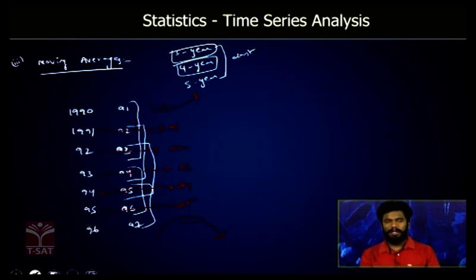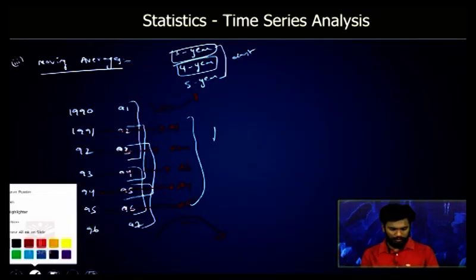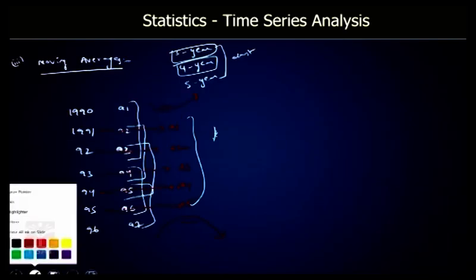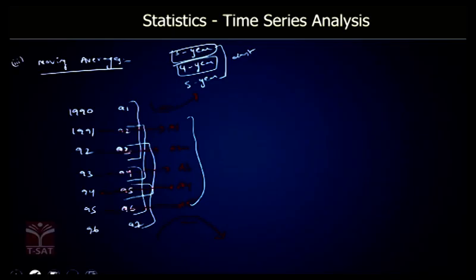Now, these A1, A2, A3, A4, A5 are called 3-year moving averages. That's how we find the moving averages.